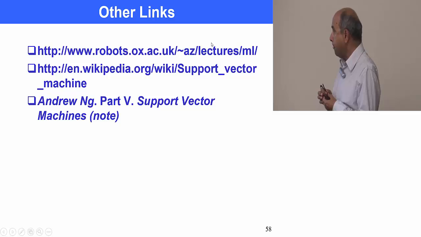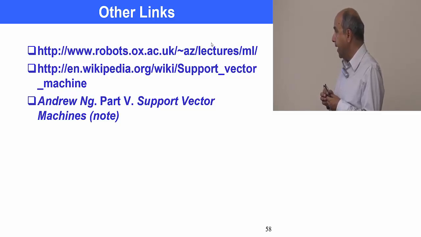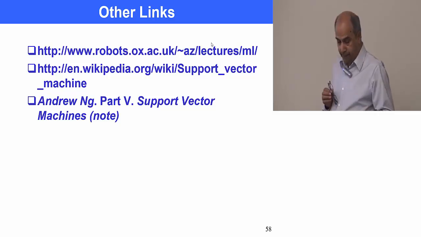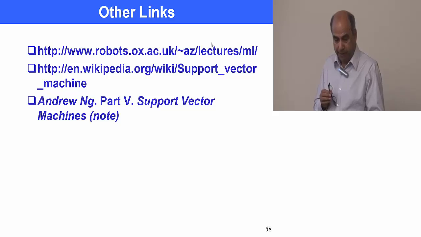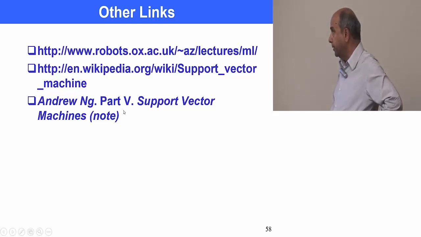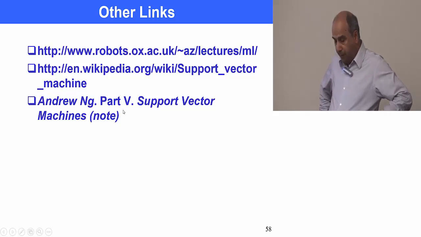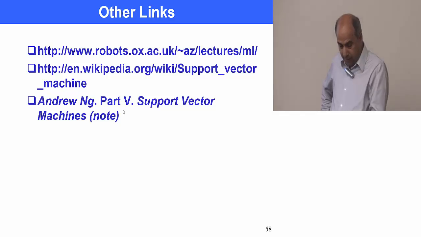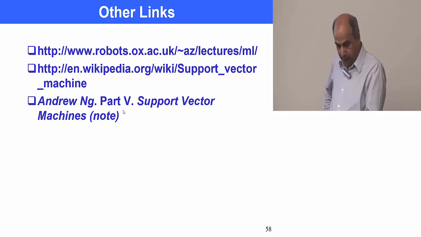He has several examples of that, and I think the article in Wikipedia is pretty good. And then from Stanford University, Andrew Ng has a very nice write-up on that. So with all that, I think you should be able to really understand this fully well, and I think that's it.